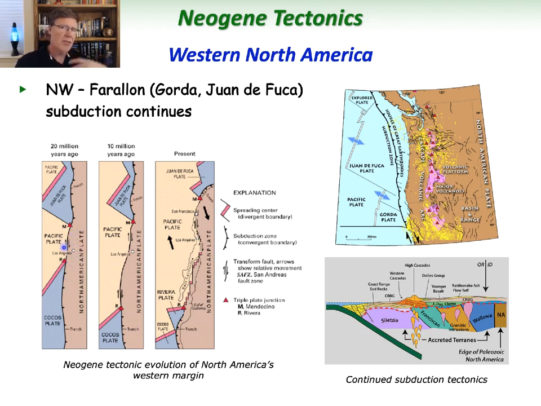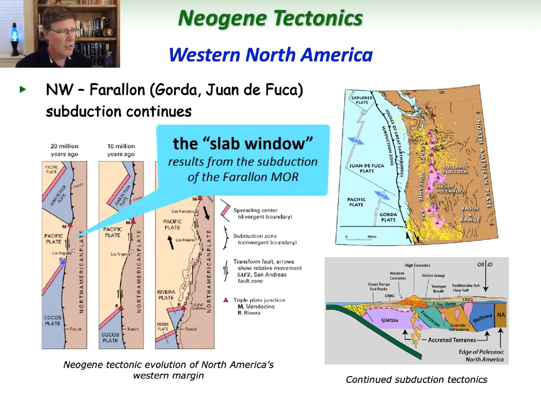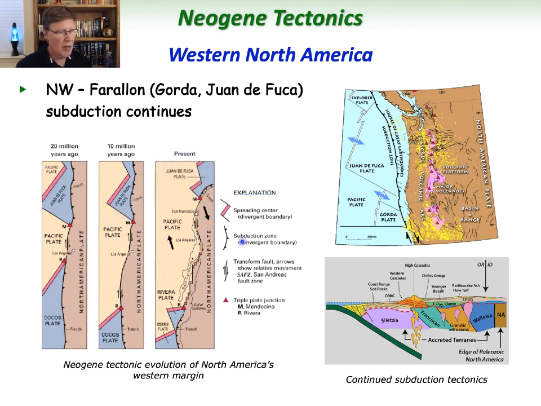Because once it starts subducting, there's no more mid-ocean ridge process going on, no more oceanic plate being made. So the slab window starts to form. And so here it's fairly small, but here it's much bigger. And today, in modern day times, it's even larger. So this is what we have today in North America, all the way down into Mexico. And we can see Baja is on the Pacific Plate, and it's being translated north along the transform.